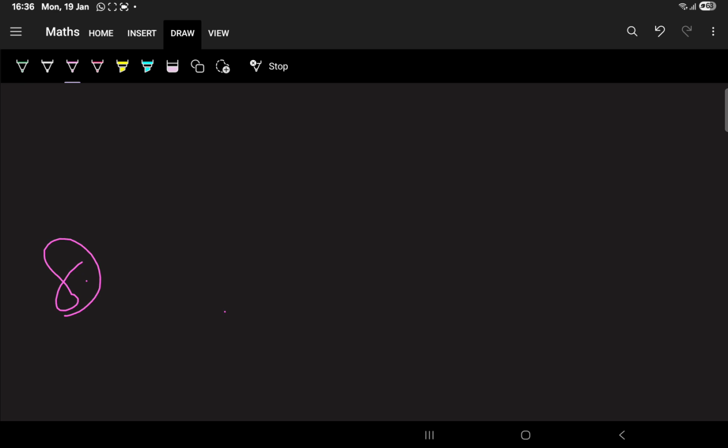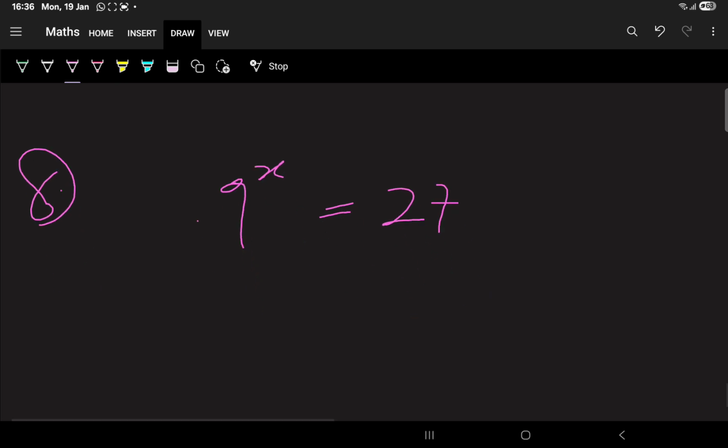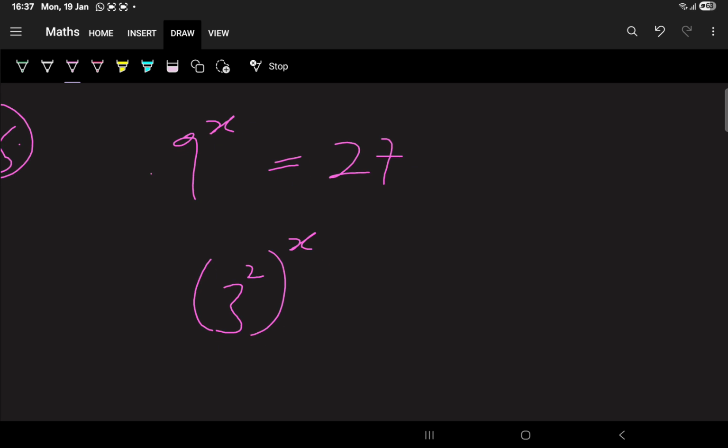We have 9 raised to the power of x equals 27. Please pause the video and attempt this for yourself. So expressing this in its lowest base, we have 3 squared raised to the power of x, and this is equal to 3 cubed.